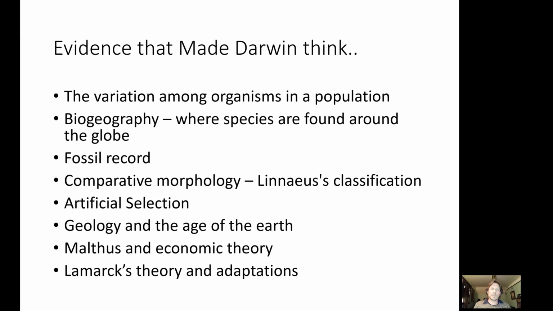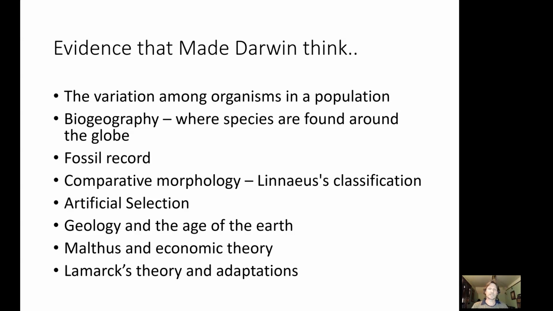Okay, so the different lines of evidence that support the idea that Darwin had are also some of the things that made Darwin think, right? And so biogeography, I've talked a little bit about. Wallace actually came up with his idea on natural selection by just studying biogeography. And he's probably the most preeminent biogeographer, definitely in that time.